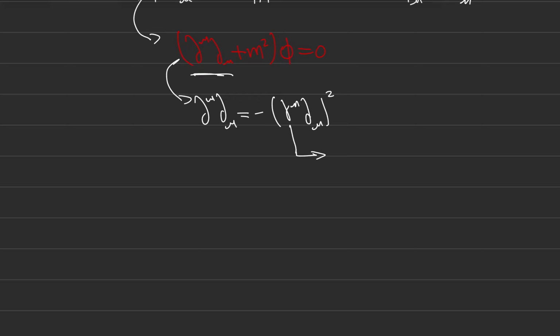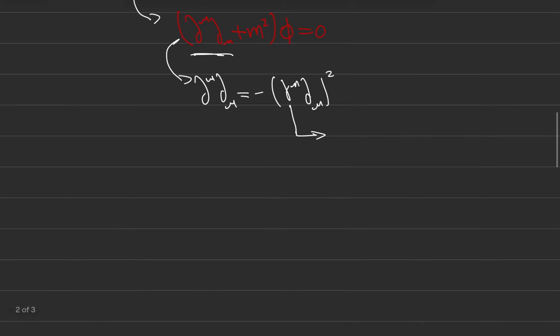Now he went on and asked the question, what properties must these gamma matrices have? Sorry, spoiler alert. First of all, right now we are not assuming they are matrices. So what properties must these gammas have in order to be used to construct a square root of the differential operator?